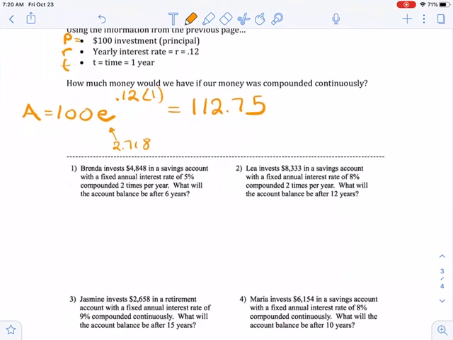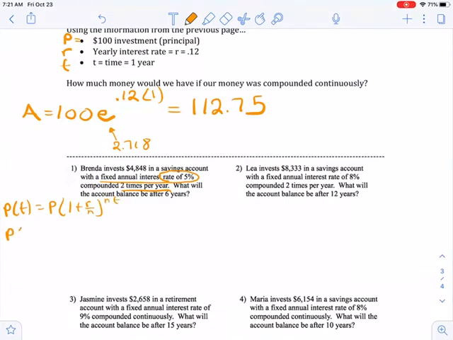So Brenda invests $4,848 in a savings account with a fixed annual interest rate of 5% and is compounded 2 times per year. So it's not compounded continuously. So the equation that I'm going to go with is P of t equals principal times 1 plus r over n to the nt.